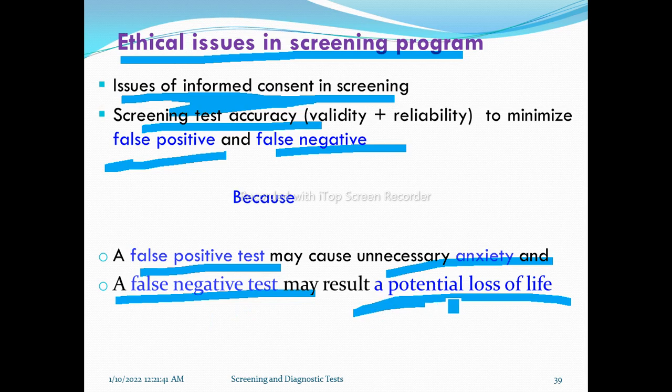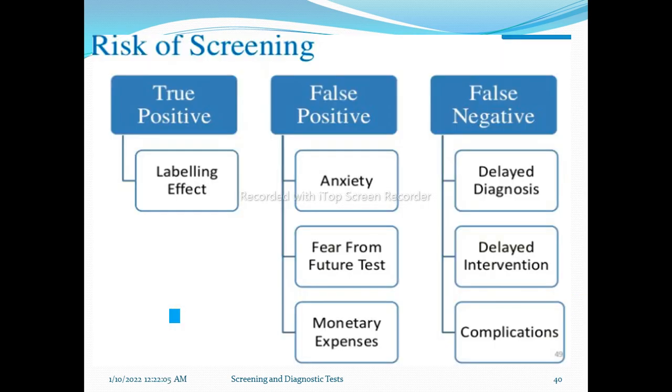First, since he is not screened early and identified and treated early, he will die. Second, since he has been told he is free of disease, he will transmit that infection to the population. So the accuracy of the test is very important.